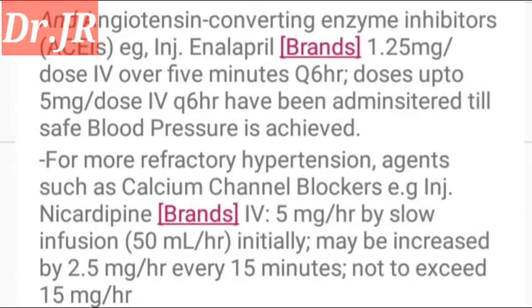For more refractory hypertension, agents such as calcium channel blockers: injection nicardipine IV 5 mg per hour by slow infusion, 50 ml per hour initially, may be increased by 2.5 mg per hour every 15 minutes, not to exceed 15 mg per hour.